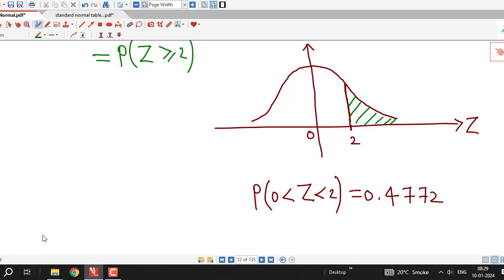So for that we can see that probability that Z is greater than or equal to 2 is nothing but, we know that the area to the left of 0 and the area to the right of 0 are 0.5, because total area under the standard normal curve is always 1.